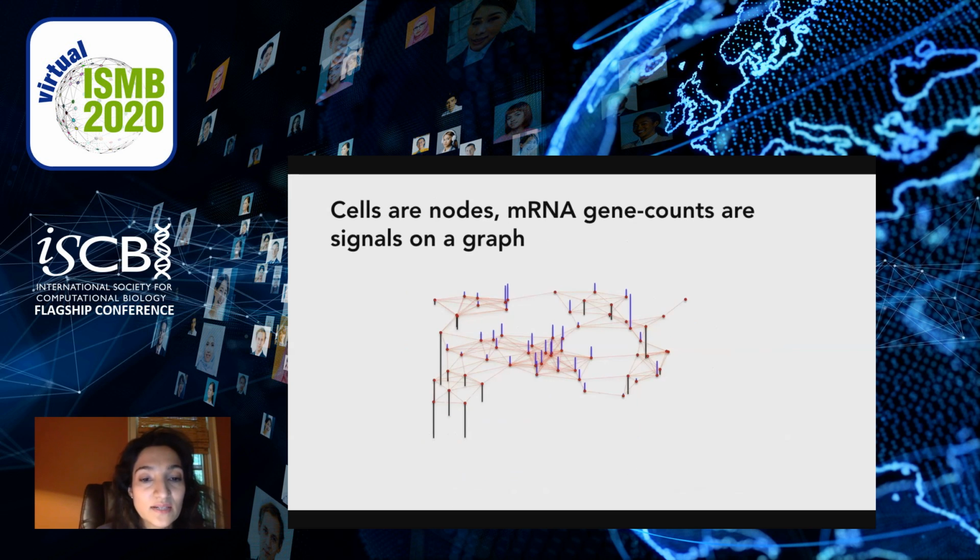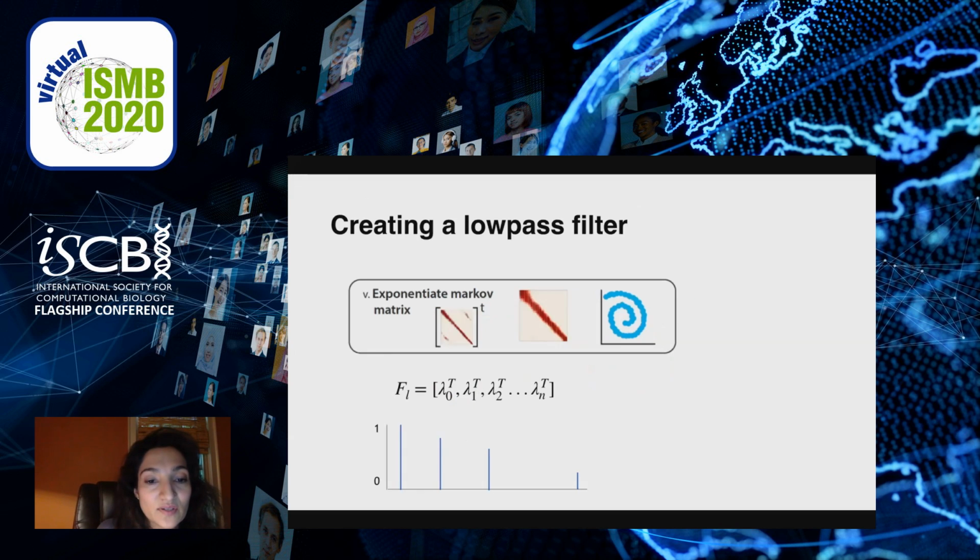Here, just to take a step back a little bit, we have a cell-cell graph. The nodes are the cells. They're connected to each other based on their affinity or similarity that we computed, as I showed before. And the genes are the values on the cells that are treated as signals, and then these are low-pass filtered. The way that's actually done is first you create a low-pass filter.